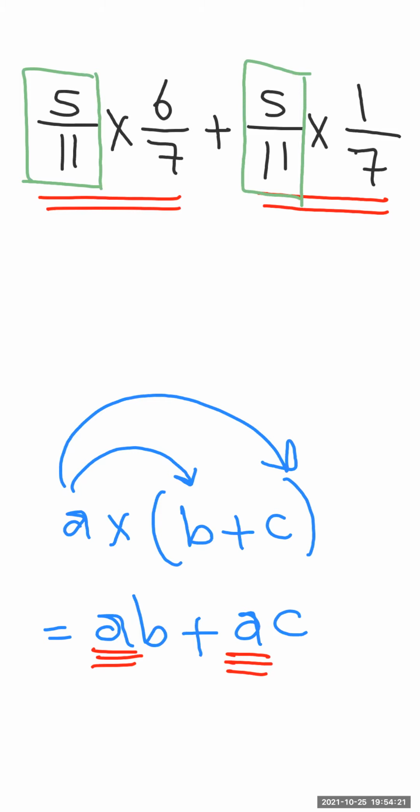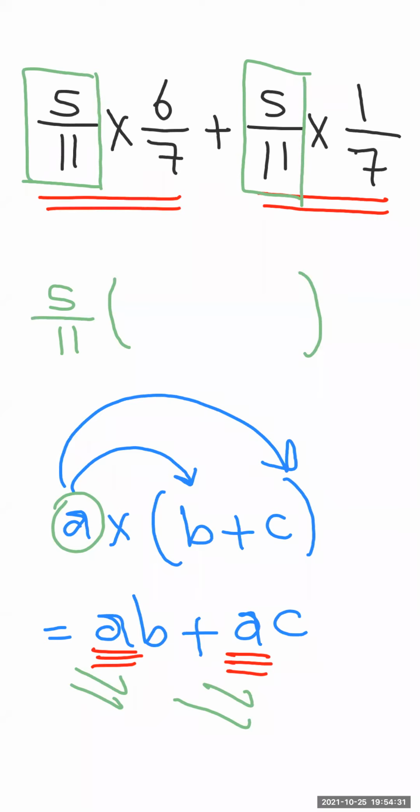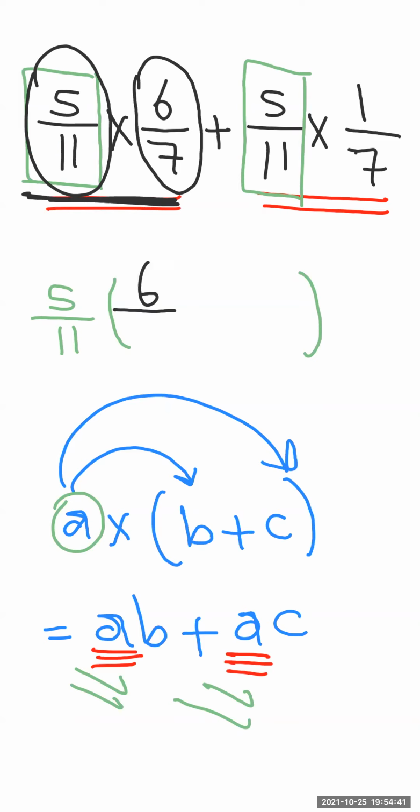So this means it's like that A. So now, write down A, which is 5 over 11, and the brackets. Divide the first term by 5 over 11. So 5 over 11 and 5 over 11. So the remaining term will be 6 over 7 plus. What will be the remaining from the next term? 5 over 11 is already here. So 1 over 7.